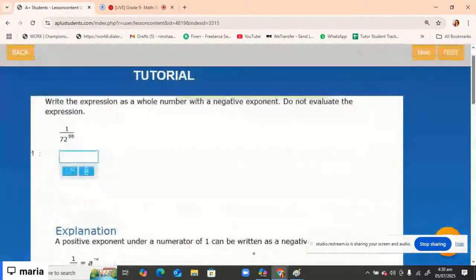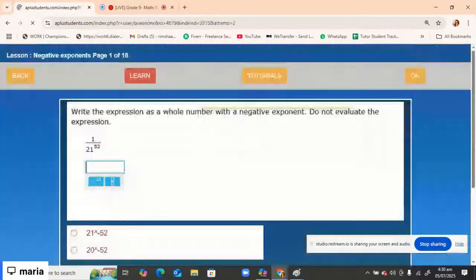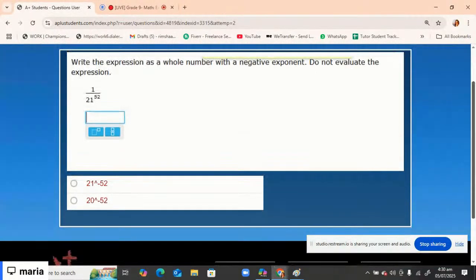Now let's discuss some test questions. Okay, everyone solve this question and tell me the answer. So when it moves up, what does it become?